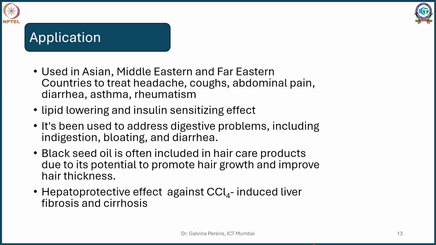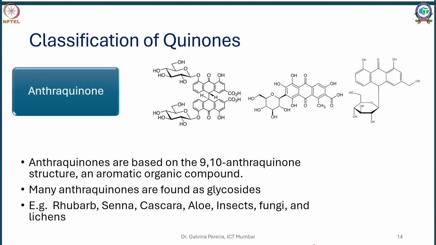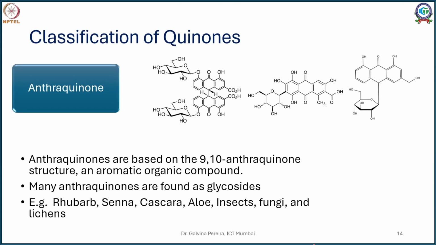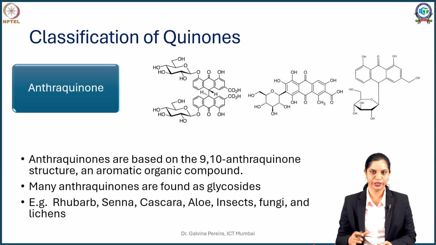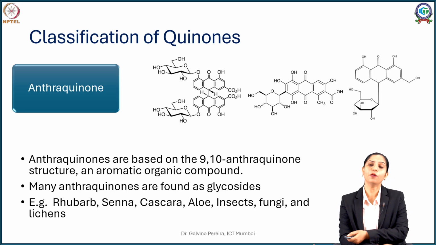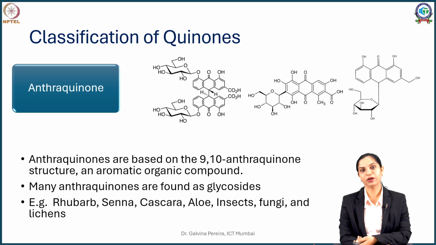Let's move on to an anthraquinone example. Now anthraquinones, unlike your benzoquinones, have an anthracene moiety. Anthracene is three benzene rings stuck to each other. Now previously, if you remember, we have studied a few anthraquinones.